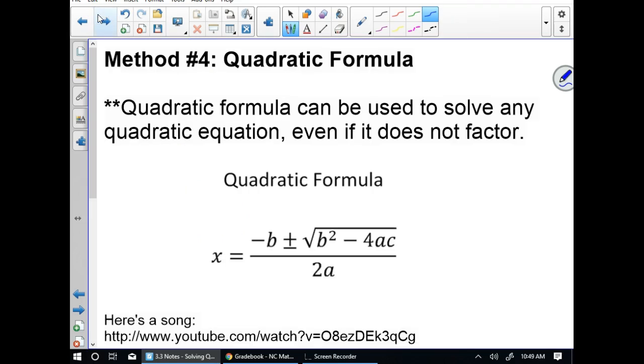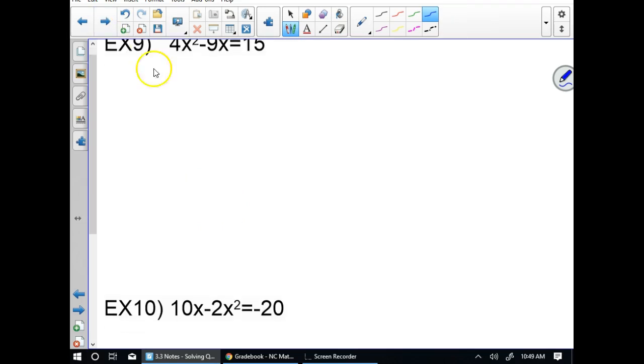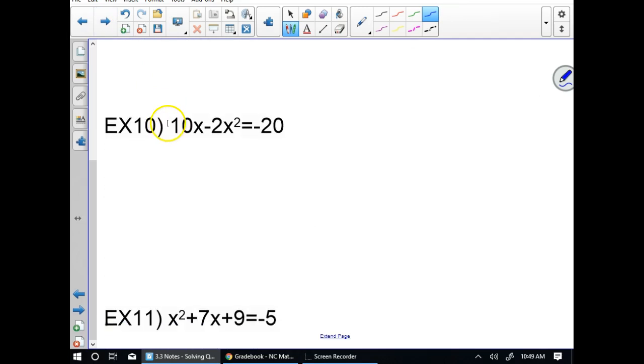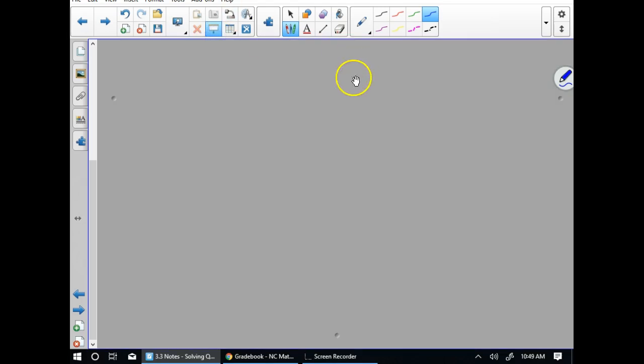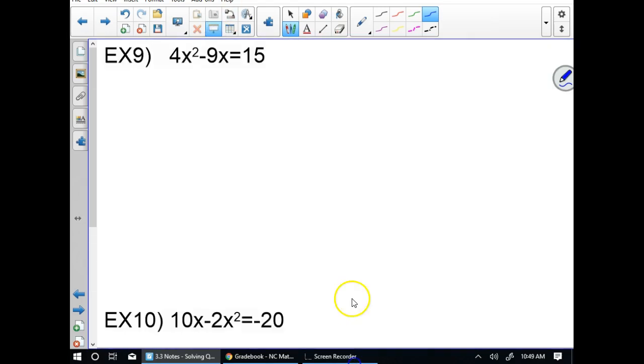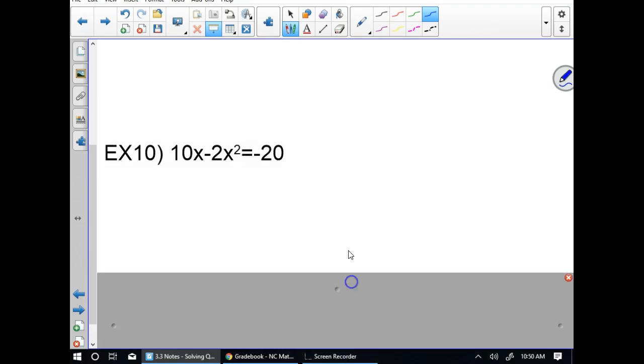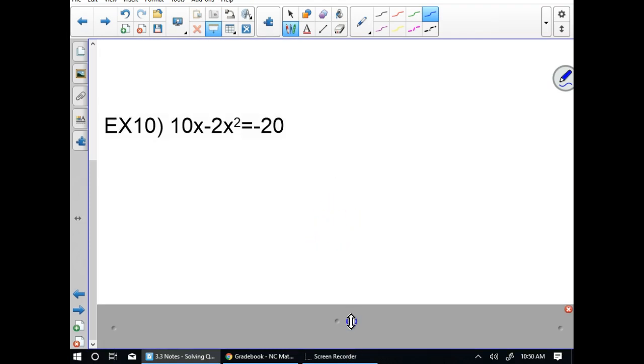All right, I'm going to skip a little bit of the quadratic formula stuff. I'm going to skip here to example 10, because you guys probably did one like this yesterday.